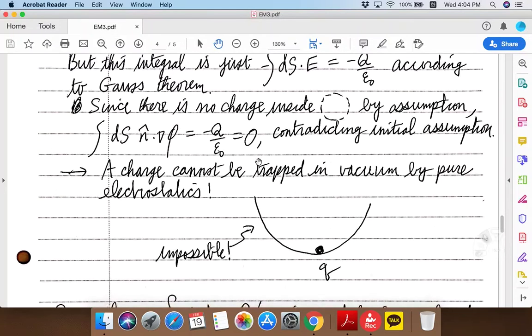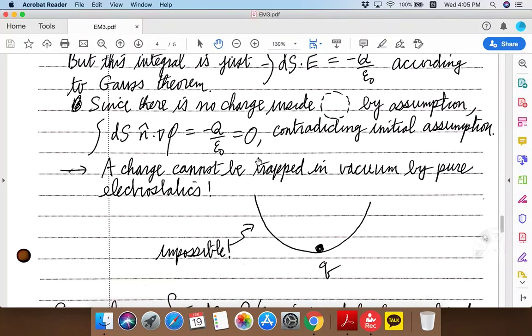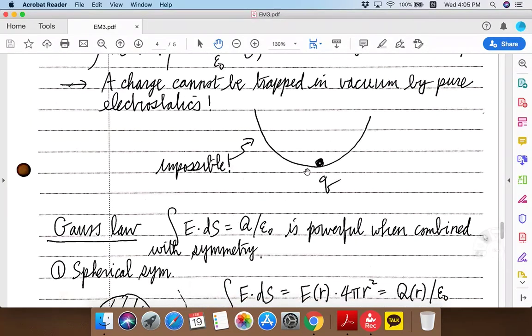Okay, a more colloquial and practical way of putting this statement is that there's no way to completely trap a charge by purely electrostatic means.